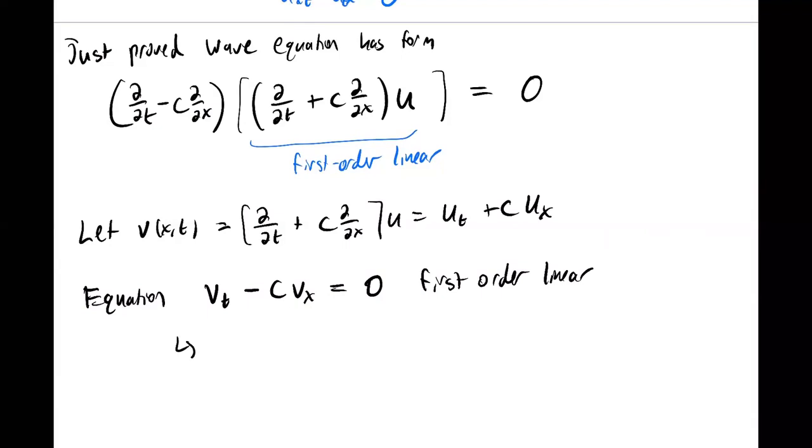If we don't have initial conditions, we don't know what the exact solution is, of course, but we know what the solutions look like. So we know that this function v of x,t has to equal some function, let's say h of x plus ct. This was from the theory before, for some function h.